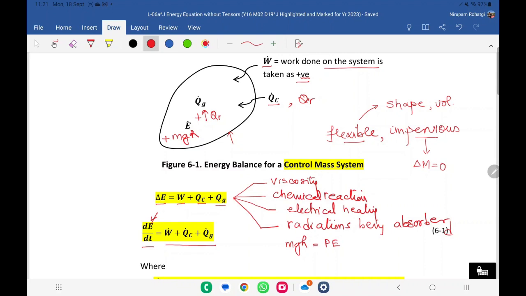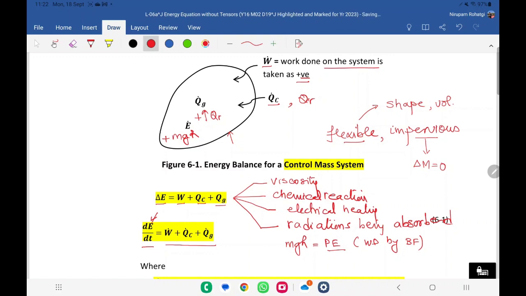But you can say that we will be doing body forces, work done by the body forces, and that will take care of this. So it will come there. So I was wrong that it is not there, it is there.